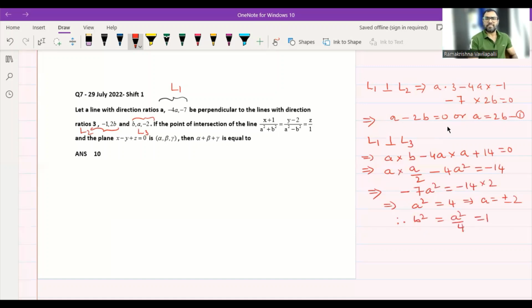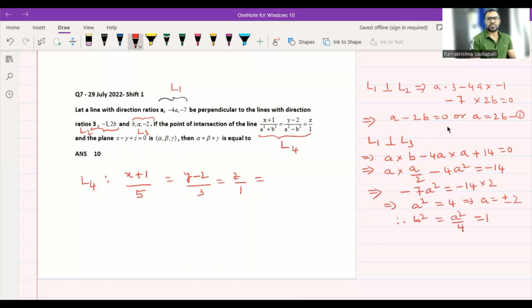Now, we will write this equation. Assume this is line 4. So what is line 4 now? Line 4 is x plus 1 by A square plus B square, which is nothing but 5, equal to y minus 2 by A square minus B square, which is 3, equal to z by 1. Now we need to find the point of intersection.